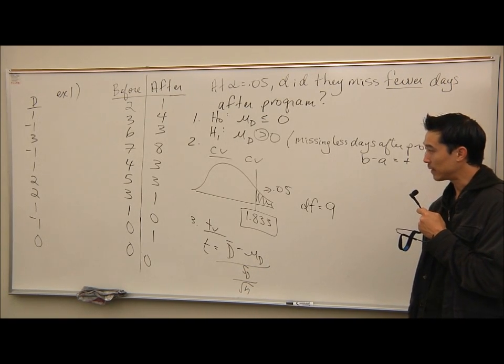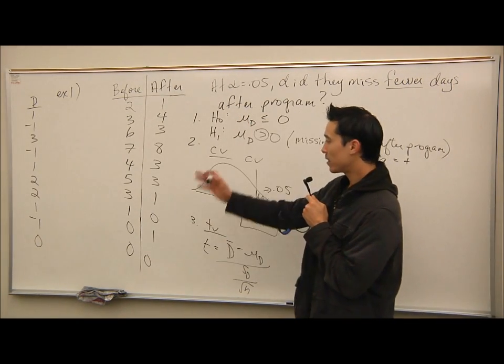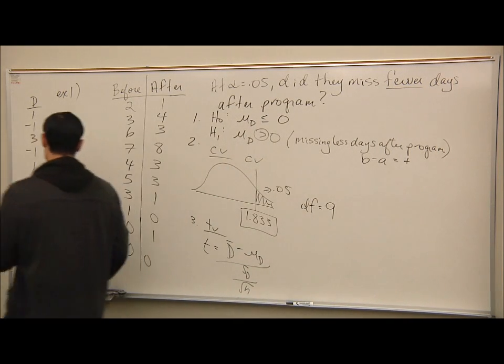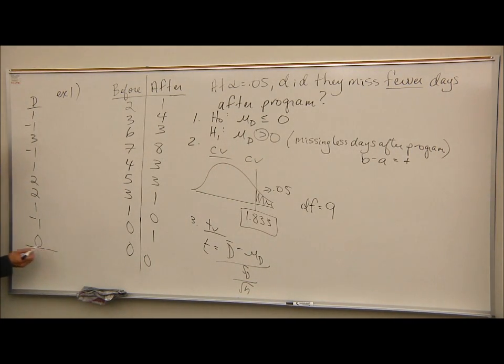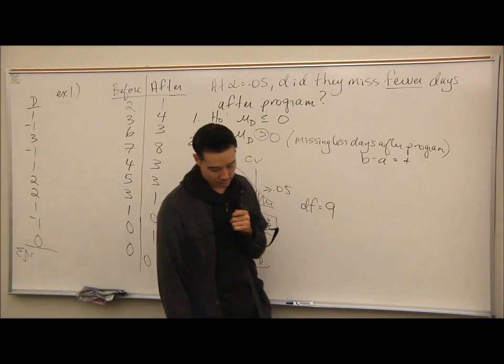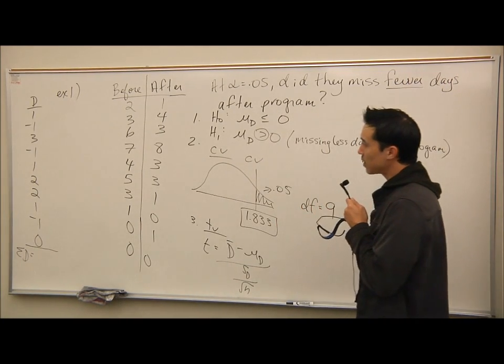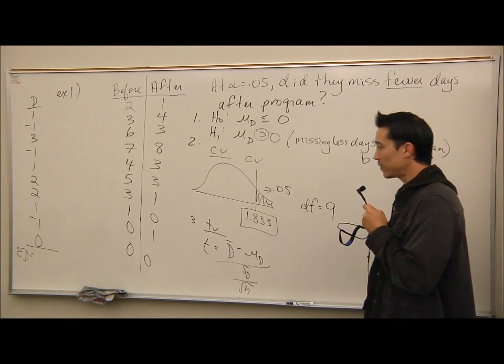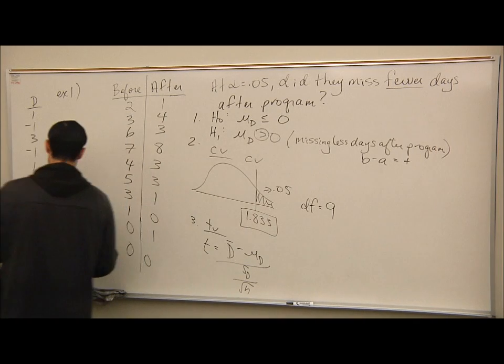Okay? If I sum up those numbers, what is that called? Sum of the d's. Okay? So if you sum up the d's, that's called the summation of the d's. So if you add those up, what do you get? 7? Does everybody get 7? Yep. Okay, great.